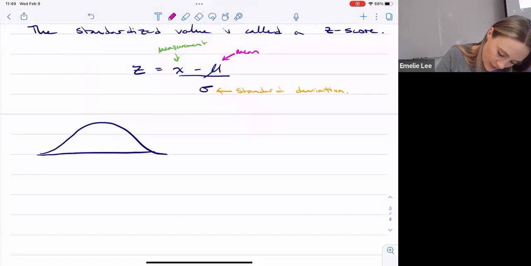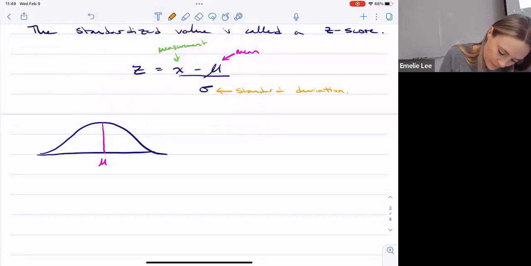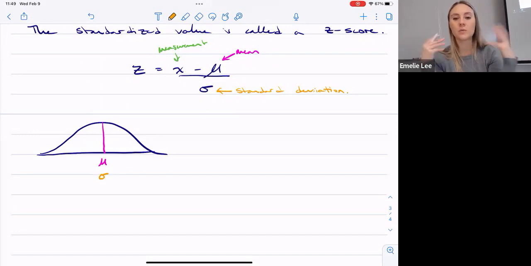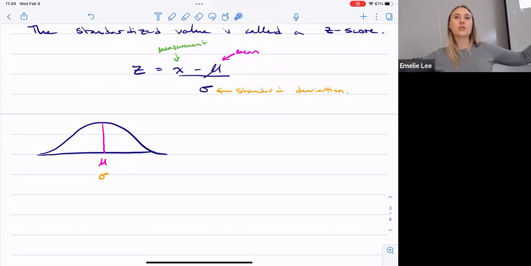I'll have the mean here, mu, and then I'll say just sigma down below because it's hard to draw it anywhere. I did show it as the spread, but that's not quite true. We can fit 3 standard deviations on each side of the curve. And in the video, I'll go on and on about how important it is to remember that these tails actually go to negative infinity and positive infinity. And so they never ever close on the axis.